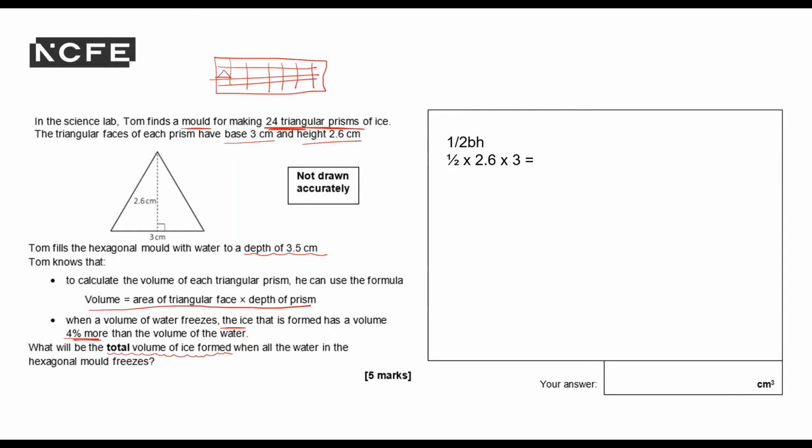And if I can't work out what I need to do in the rest of the question, at least I'll have got this part probably right. So that'll give me at least 1 mark out of the 5. So let's have a go.